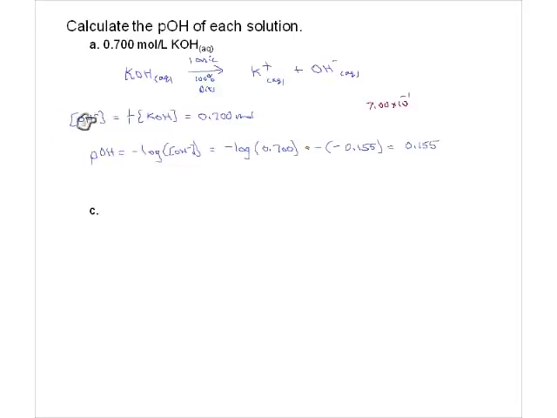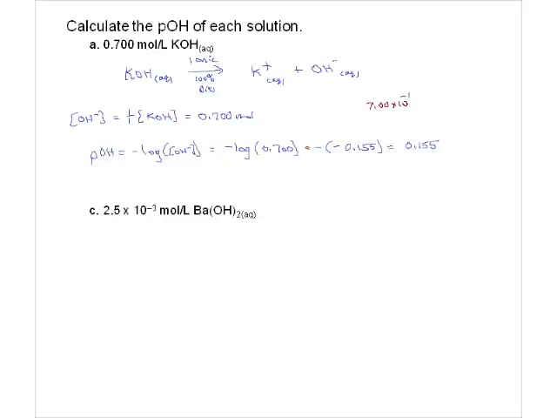The concentration of OH minus is equal to the KOH because it's 100% dissociated. Again, I put this in scientific notation to say my pOH should be somewhere between 0 and 1. So pOH is minus log of OH. I simply plug it in my calculator, and there we go, 0.155. That's what I predicted, between 0 and 1.